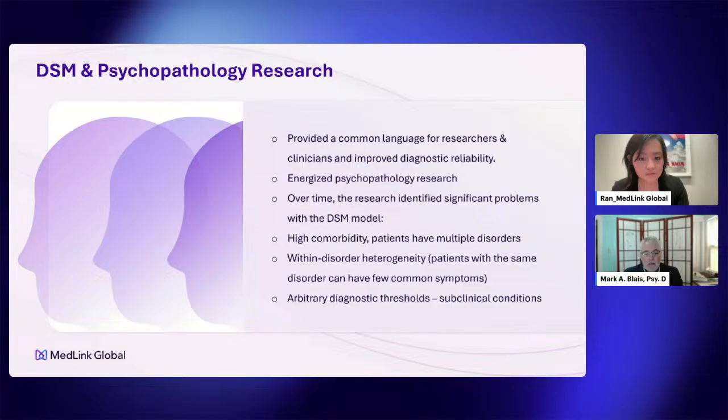And one of my pet peeves is arbitrary diagnostic thresholds, that if you don't have 5 out of 8 or 9 criteria, you don't have the disorder if you only have 4. So those were some of the problems that accumulated with the growing body of research.